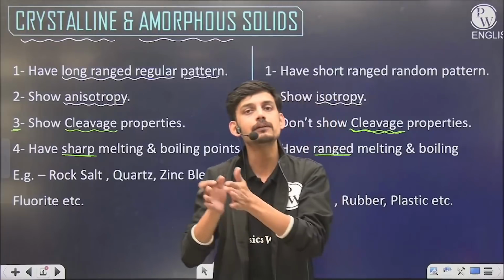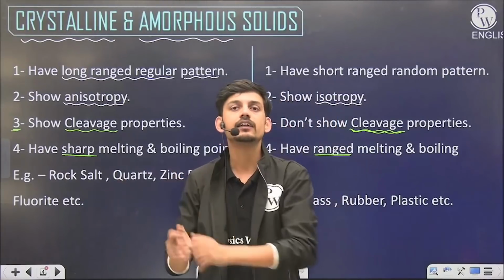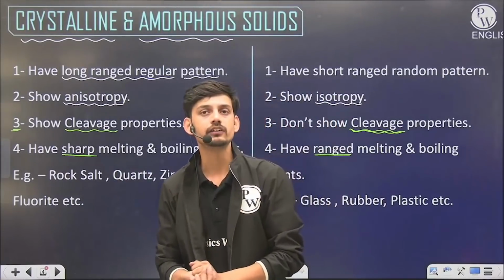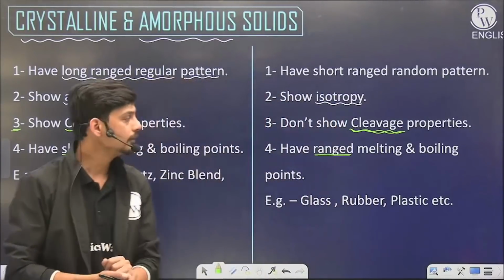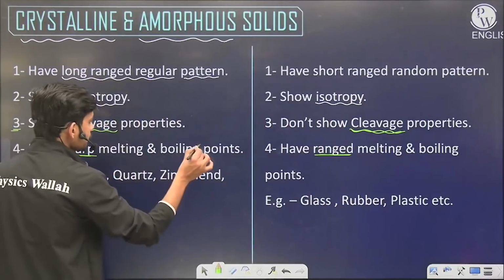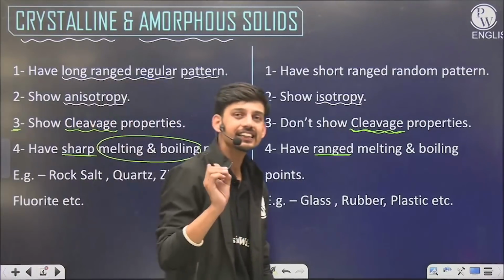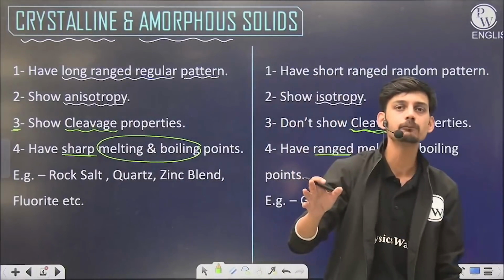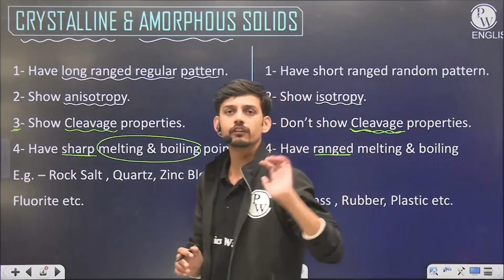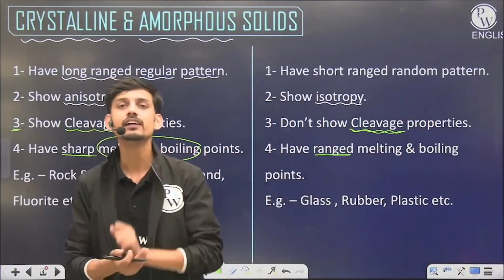Only after completing the melting will the temperature rise. So for crystalline solids, melting and boiling occur at a single value of temperature. The melting point and boiling point will be different, but each temperature value will be sharp.